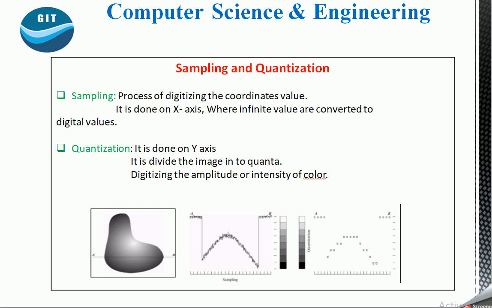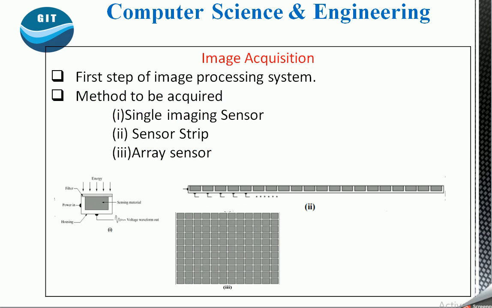The next topic is image acquisition. It is the first step of the fundamental image processing system. The general aim of image acquisition is to transform an optical image into an array of numerical data which could later be manipulated on a computer.